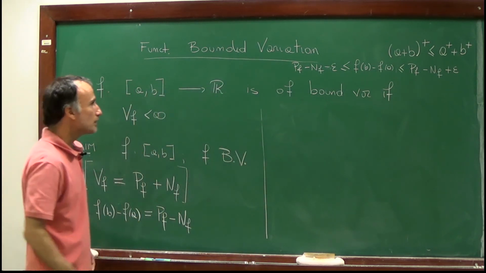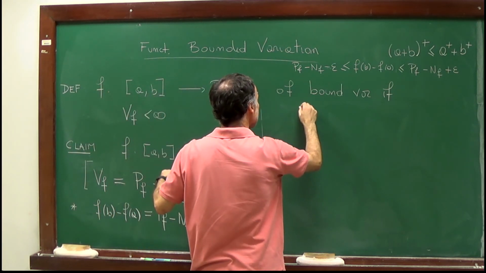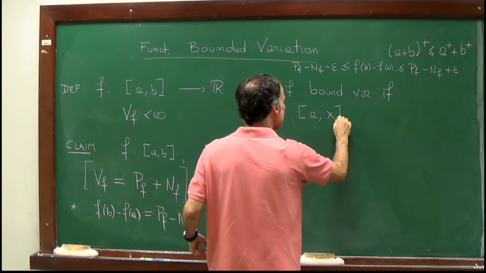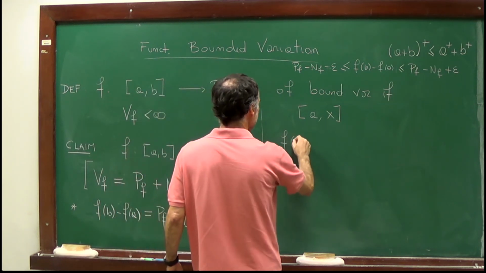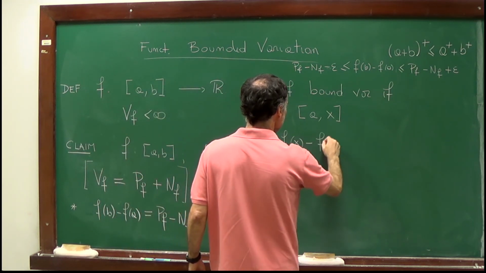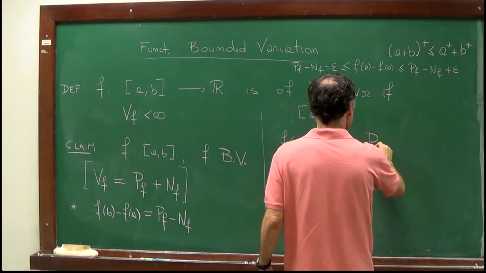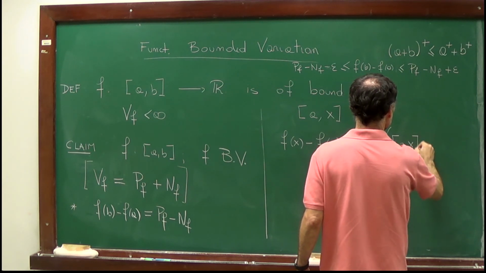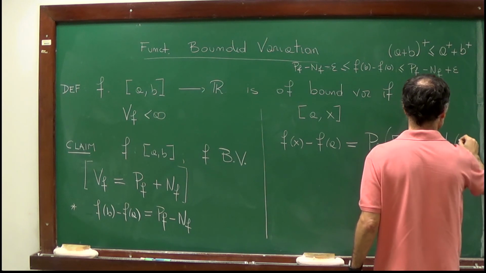So let me take f, which is defined on [a,b], but instead of looking at partitions on [a,b], I'll look at partitions on [a,x], and I'll get that f(x) minus f(a) is equal to Pf on [a,x] minus Nf on [a,x].